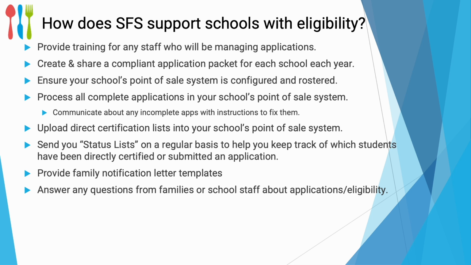We ensure that your point of sale system, where we keep this data on students, is configured and rostered for the new year. We process any applications that are complete in your point of sale system and communicate about any incomplete apps with instructions on how to fix them.